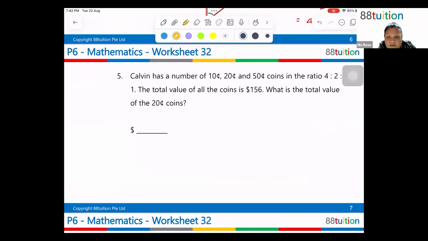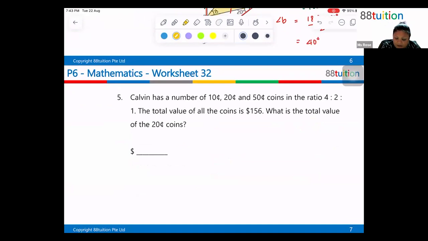Let's see who got number 5 correct. Number 8. Ashika and Perez. Now, we have the items, which are coins, and these are also the values.